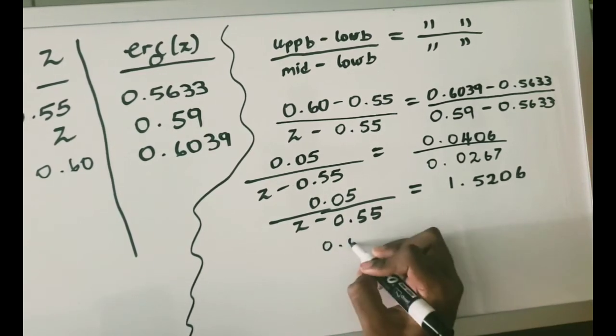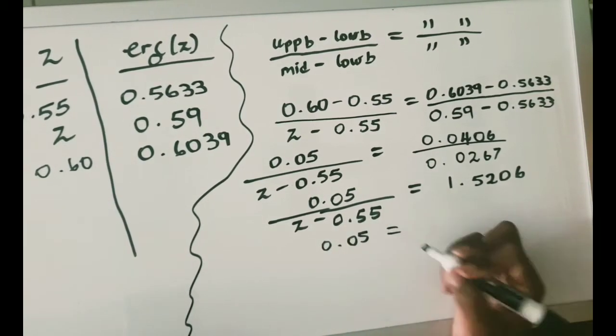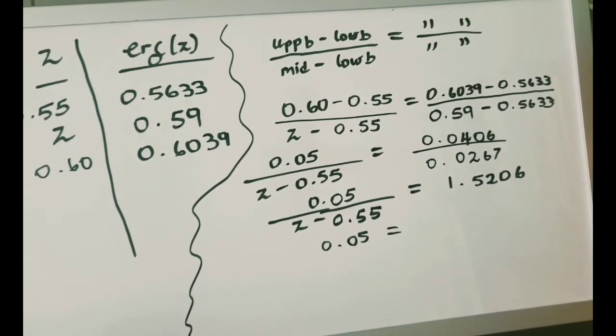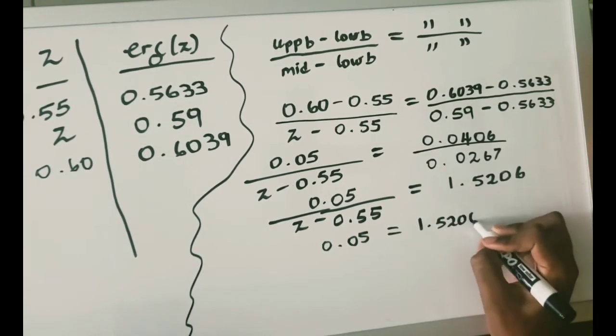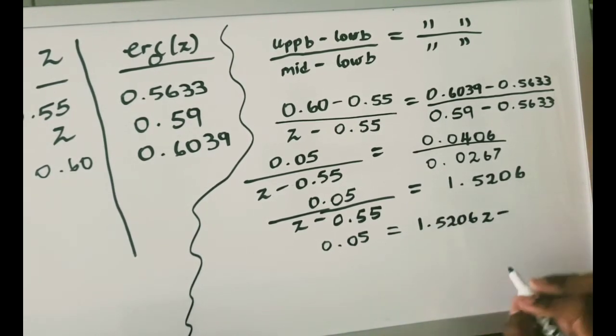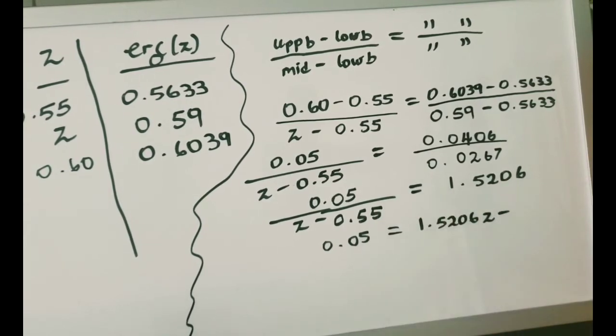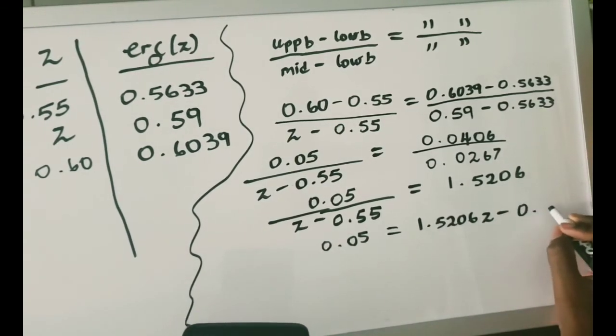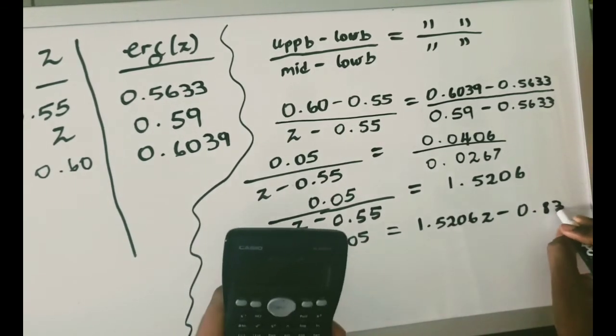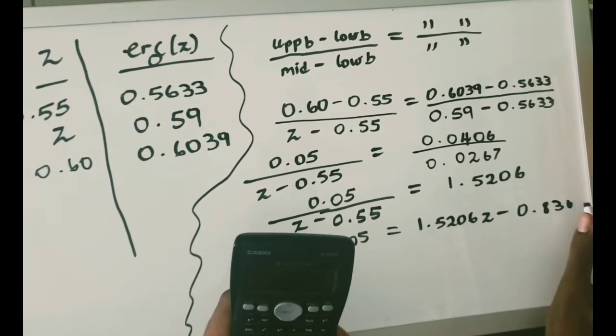So 0.05 equal to, and you get the gist. We just have to expand it. Okay? So it's going to be 1.5206z minus this times this, 0.55, 0.8363.